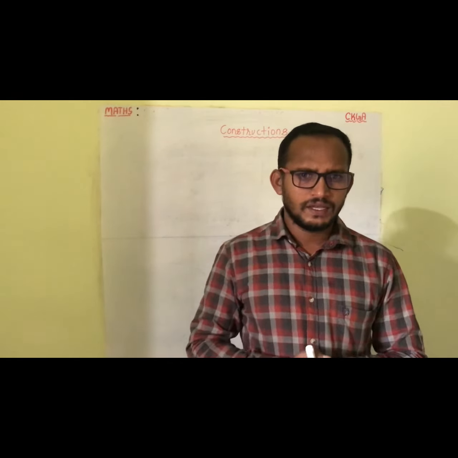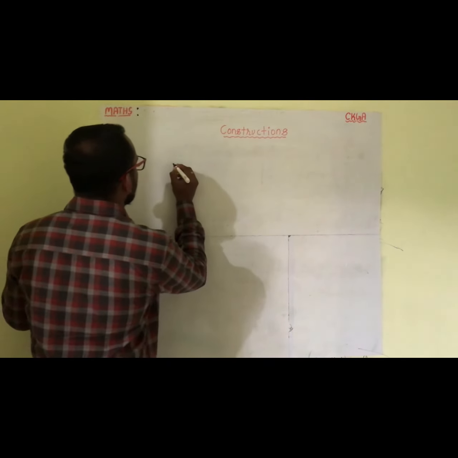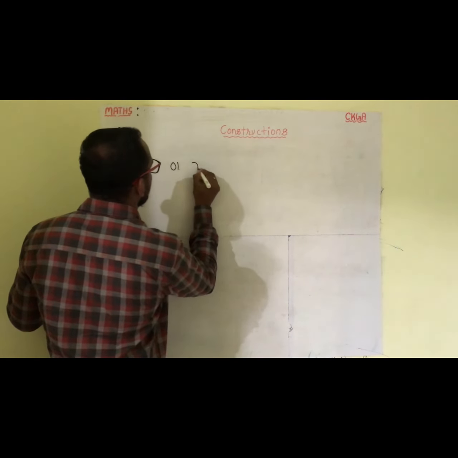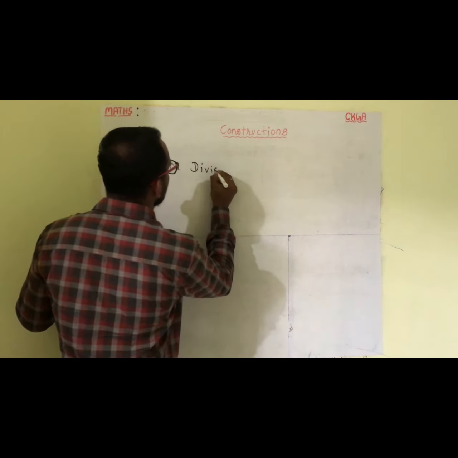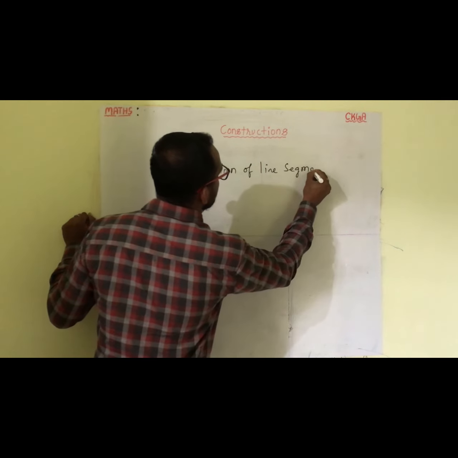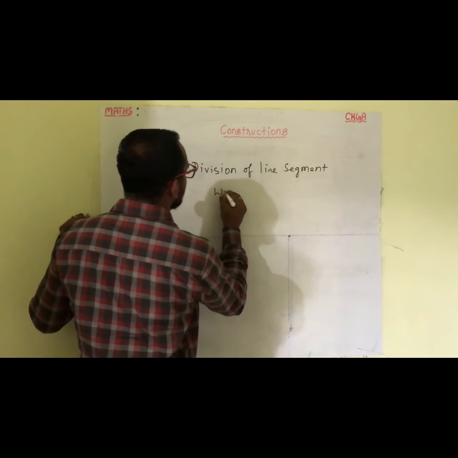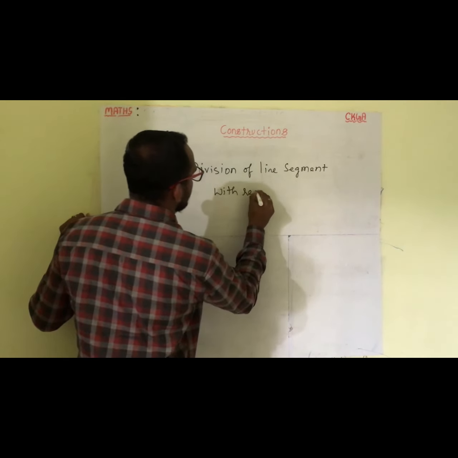In this chapter you will get three varieties of constructions. Number one, division of a line segment with respect to some ratio.